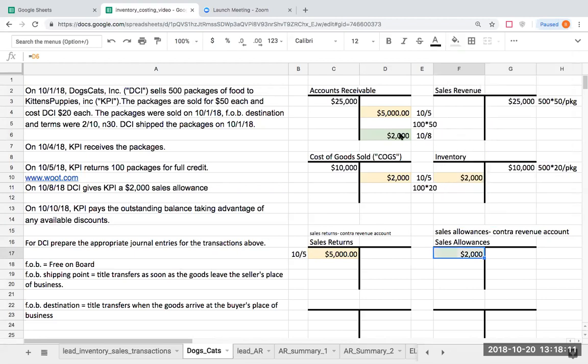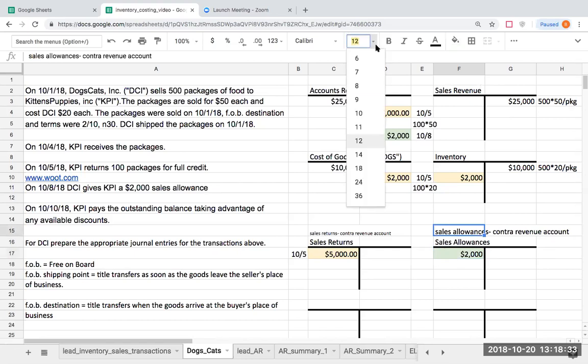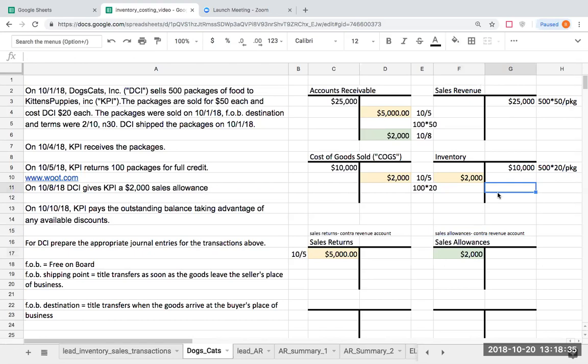So I'm crediting accounts receivable because the customer no longer owes me that. A sales allowance means I'm telling them, hey, you've been a great customer for whatever other reason, here's an amount less that you owe me. And so here I'm going to be debiting sales allowances, which is always a contra revenue account.